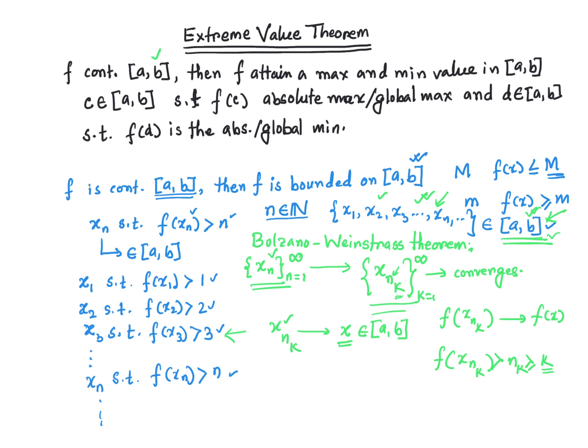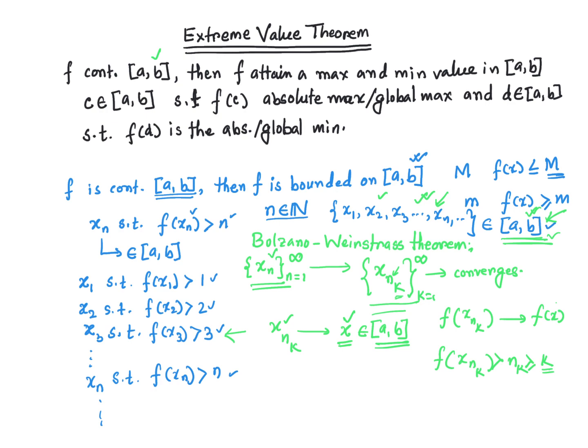Why is it a contradiction? Because according to our assumption, the function is supposed to converge at the point x, which is within the closed interval. But since we assumed that the function is not bounded above and grows indefinitely, we find ourselves in a situation where it violates our assumption that the function is continuous.